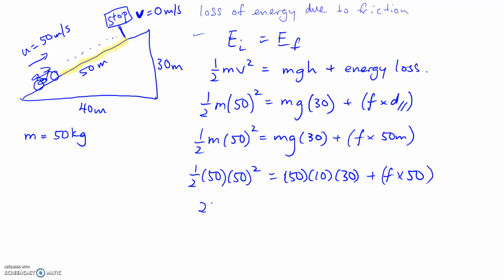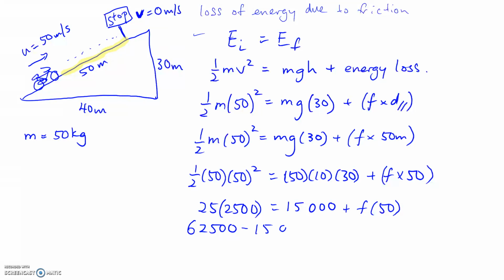So then we have 62500 over here, subtract 15,000 is equal to f times 50.